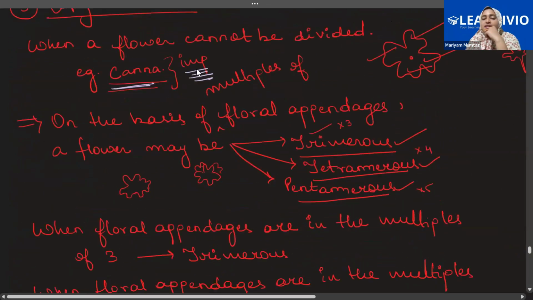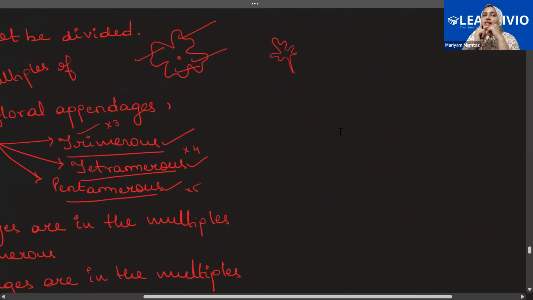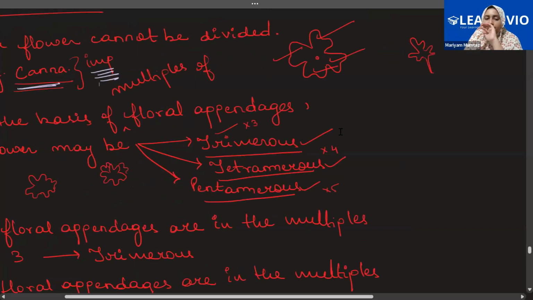Now, on the basis of multiples of floral appendages. Whenever you see a flower, if you count the petals, they are always in some sort of arrangement. For example, if we talk about flowers such as daffodil or daisies, the number of petals on them will be in multiples of some number.